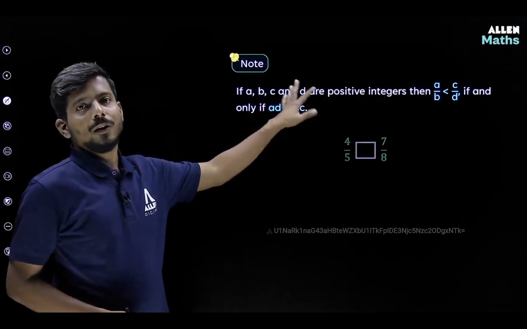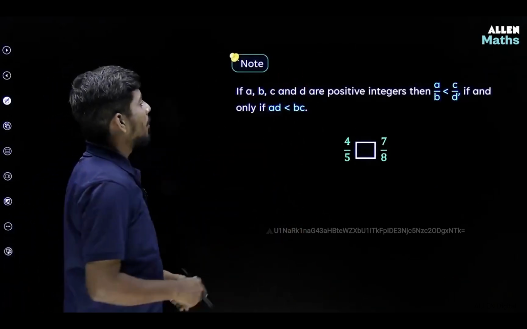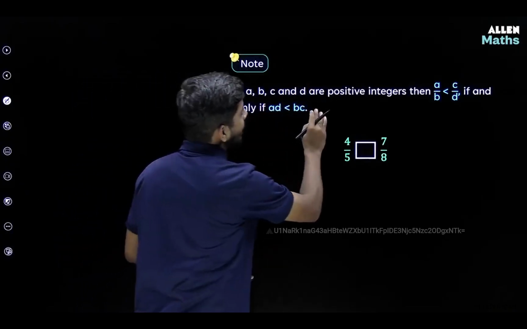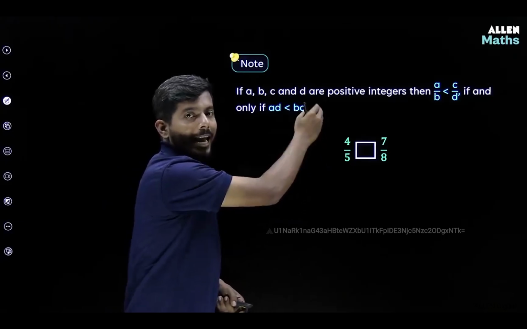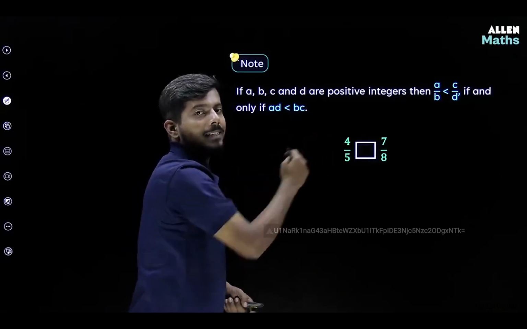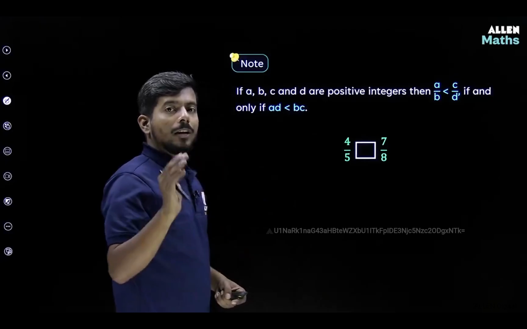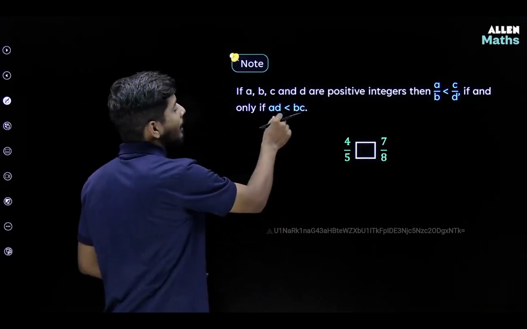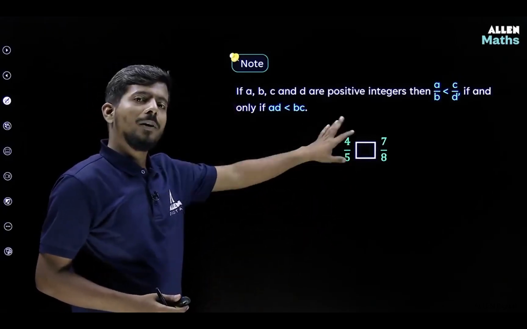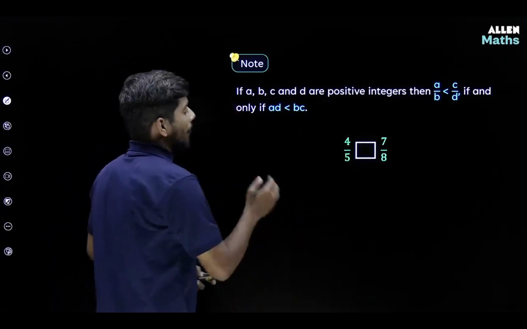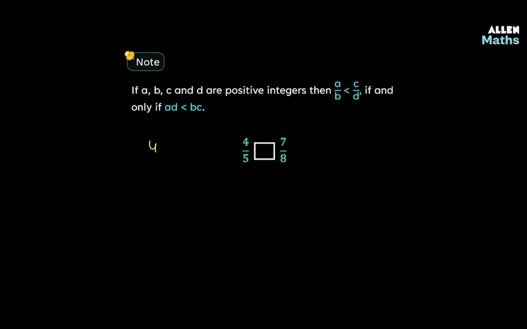Now let's discuss one note here. If we have A, B, C, D such that they are positive integers, then A over B is less than C over D if and only if AD is less than BC. To understand this, we'll take this example: 4 over 5 and 7 over 8.